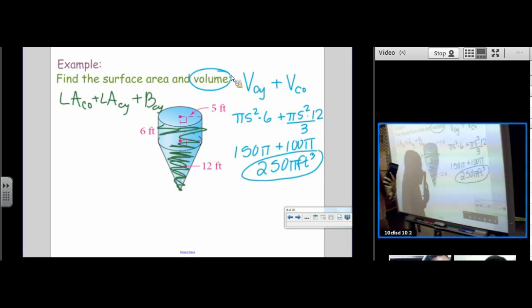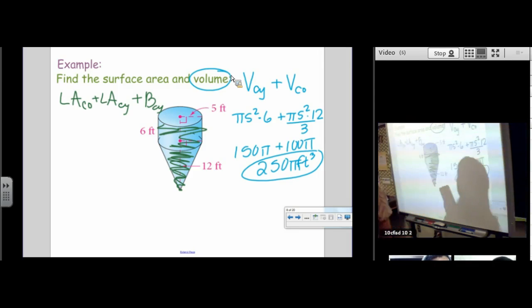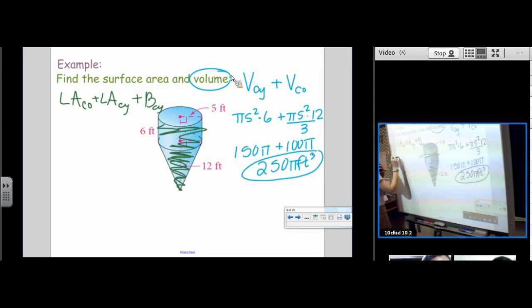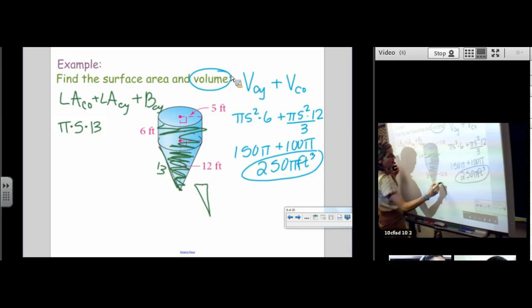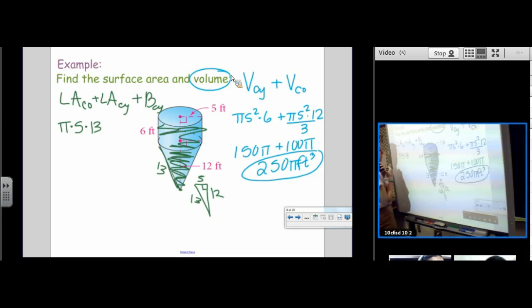So the lateral surface area of the cone, we just learned that today. Pi R, what's L? The slant height, it's 13, because we had a right triangle. 5, 12, 13. Is that okay with everyone?